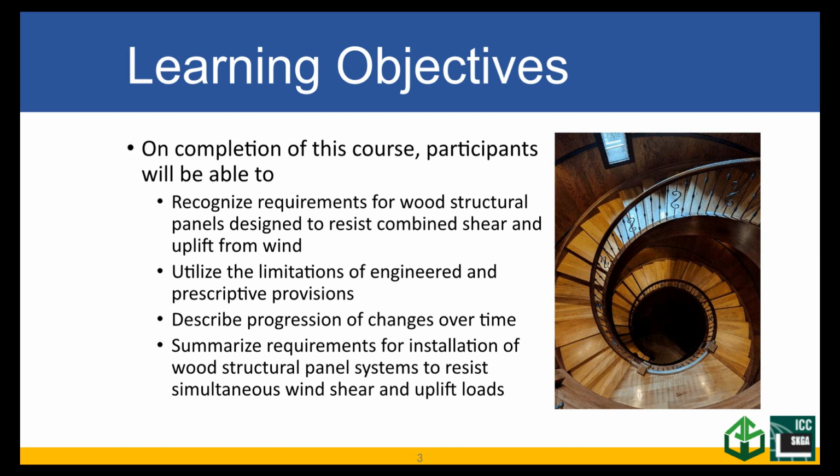And when we use the term wood structural panel, we are talking about both oriented strand board, or OSB, and plywood. And so plywood that is at least 4 plies or greater will have design values that are interchangeable with oriented strand board, which is probably the most common wood structural panel used in construction today.